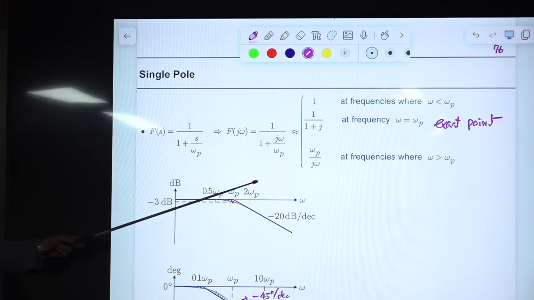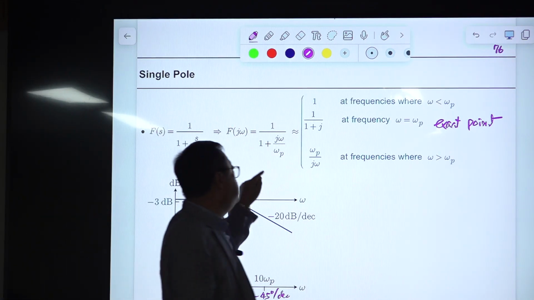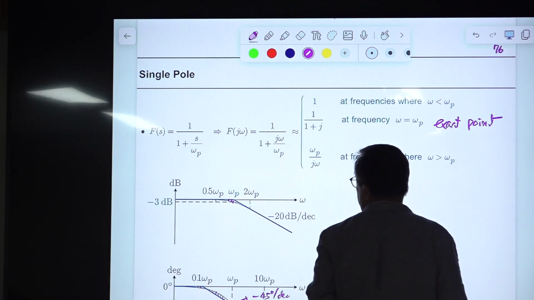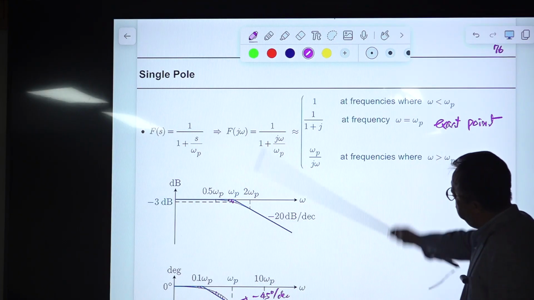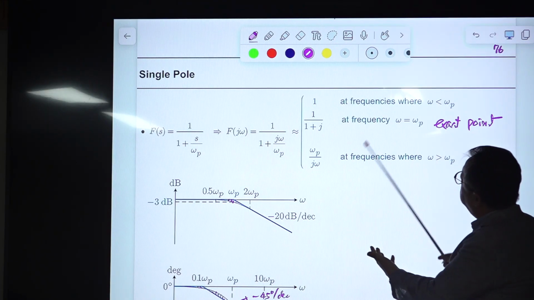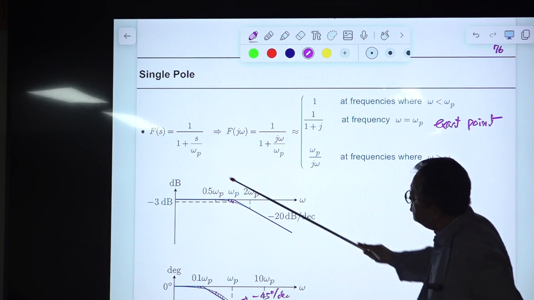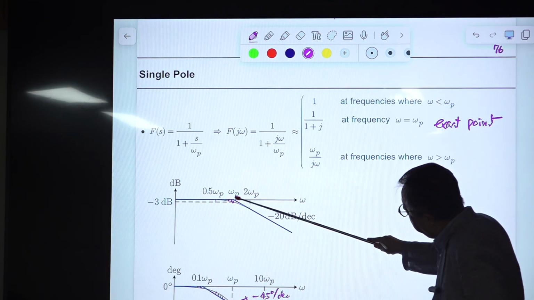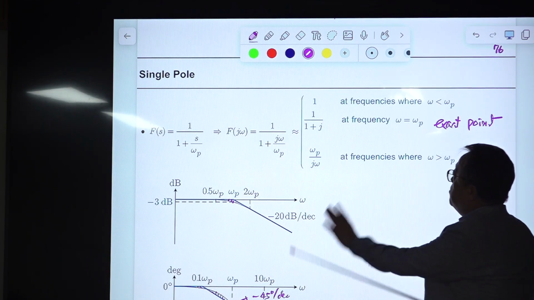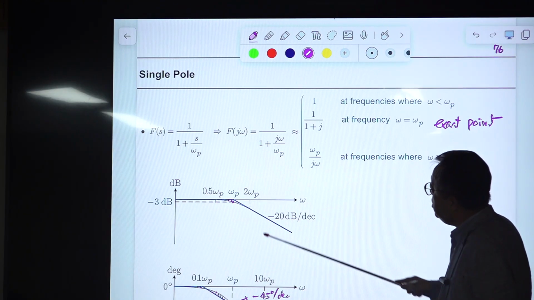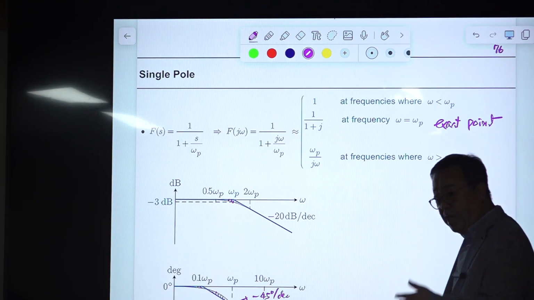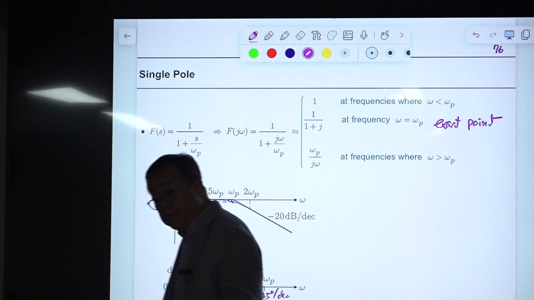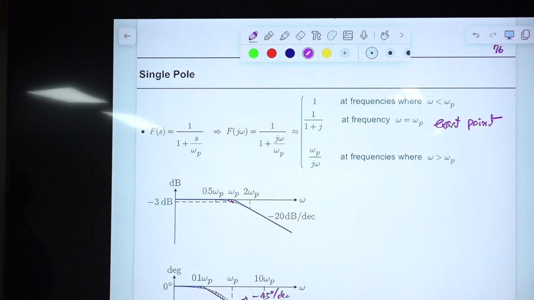This is single integration passing through the 0 dB line at omega p. All right. So this is the way of plotting this. And from this asymptotic plot, you smoothly connect this, passing the 3 dB line here. Then people cannot tell the difference between this manual sketch and the computer generated plot. They are almost the same. So this is the way.